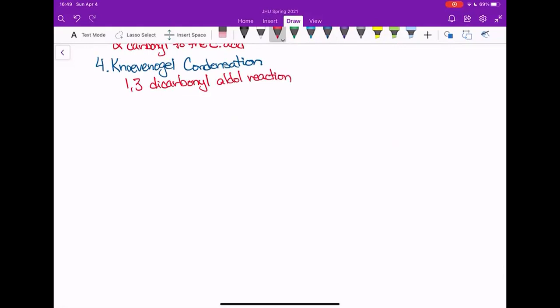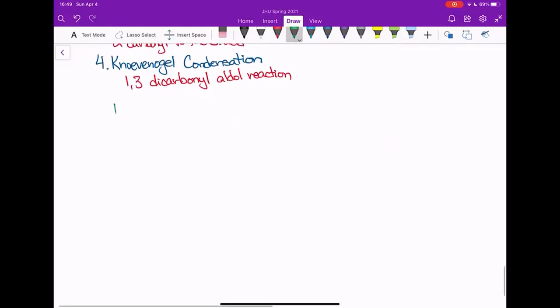So it's pretty much your aldol, but the key part is that you have a 1,3 dicarbonyl as one of your starting materials. And so the 1,3 dicarbonyl is going to look like this. The naming occurs because of those 3 carbons. And then you can add whatever other carbonyl you want to attack.